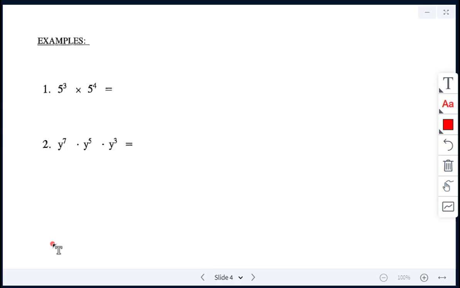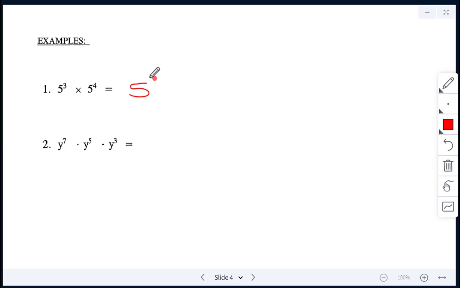All right, so let's take a look at our first example here. We have 5 to the power of 3 multiplied by 5 to the power of 4. Because the bases are the exact same, the base is 5 here and the base is 5 here as well, we're simply going to add the exponents.